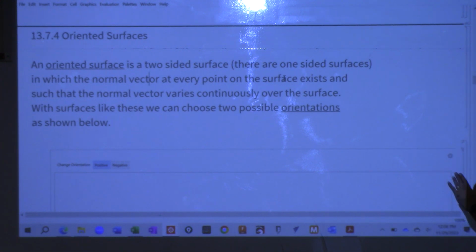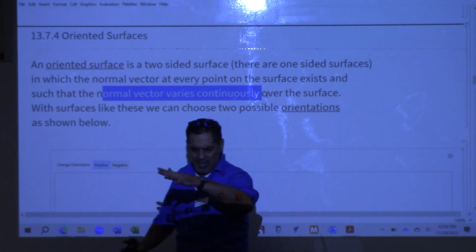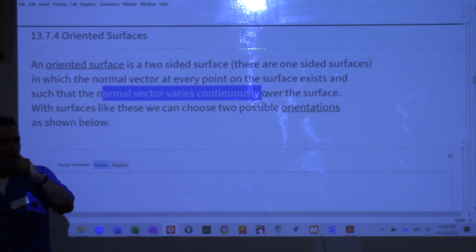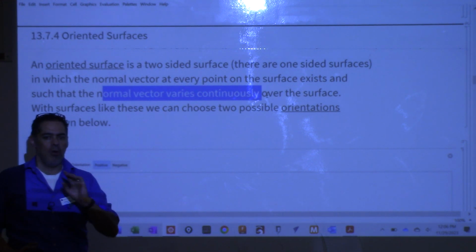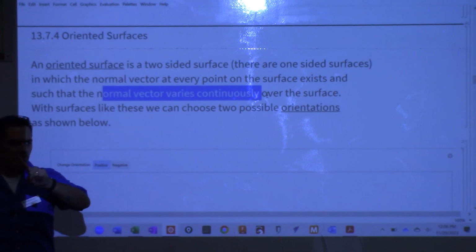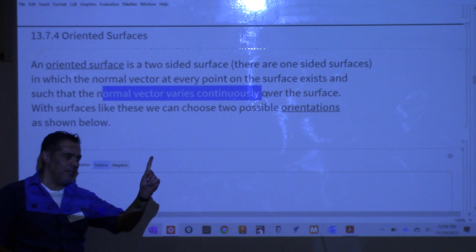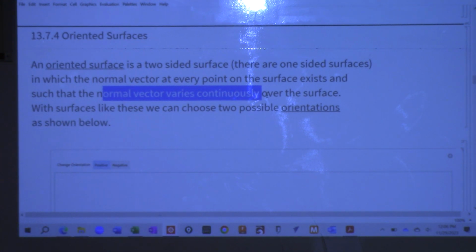So as long as you have a surface that has a normal vector at every point, and that normal vector varies continuously, all that means is, think about any surface that's nice and flowy. If you moved around, the normal vector would slowly go around, nice and smooth. What we are trying to avoid is a surface where the normal vector all of a sudden flips, or does something crazy. As long as your surface is relatively smooth, then we call it oriented.